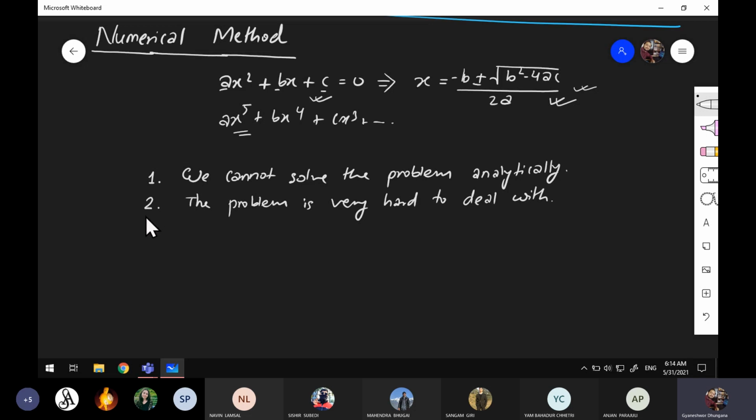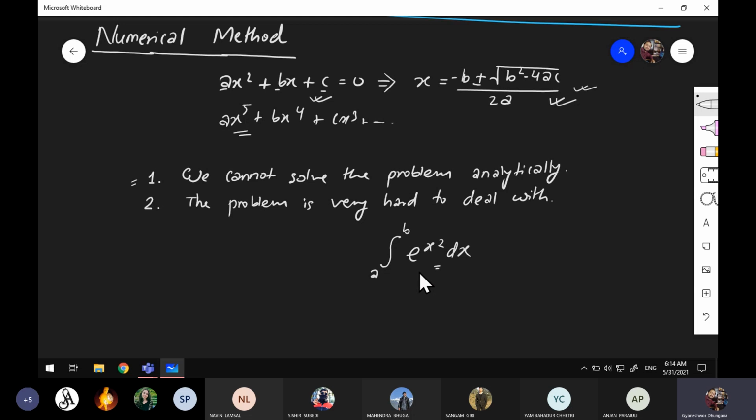For example, in the first case, we can say we cannot solve the problem analytically. That means we may encounter a situation where we may have to find the values. For example, in case of integration, say we have to find the integral from a to b of e power x square dx. Okay, so if we encounter this kind of problem, then we do not have any pre-existing formulae to solve such problems.